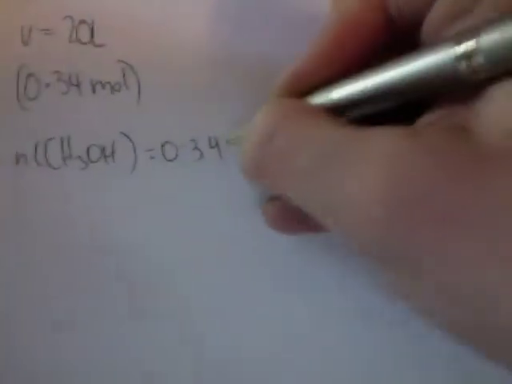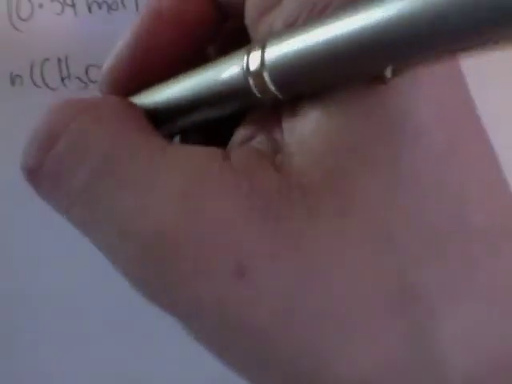C. Methanol is pumped into an empty 20-litre vessel. At equilibrium, the vessel contains 0.34 mole of methanol. So the mole of CH3OH equals 0.34 mole. Calculate the concentration of methanol in moles per litre at equilibrium. Very easy.